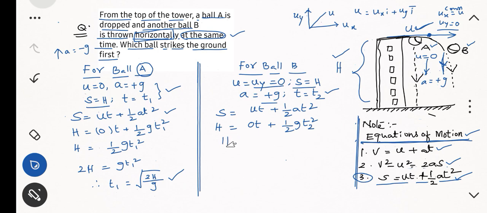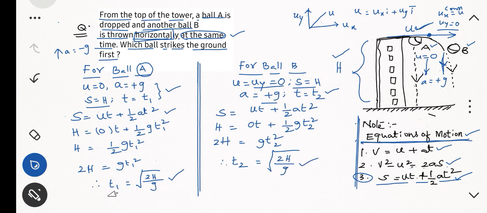By rearranging, we get 2h is equal to g into t2 square. Therefore, finally we get the time taken by the ball to reach the ground is t2 is equal to root of 2h divided by g.